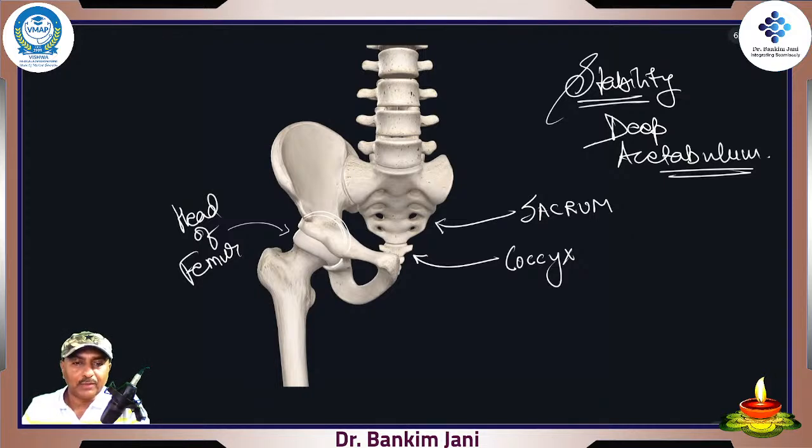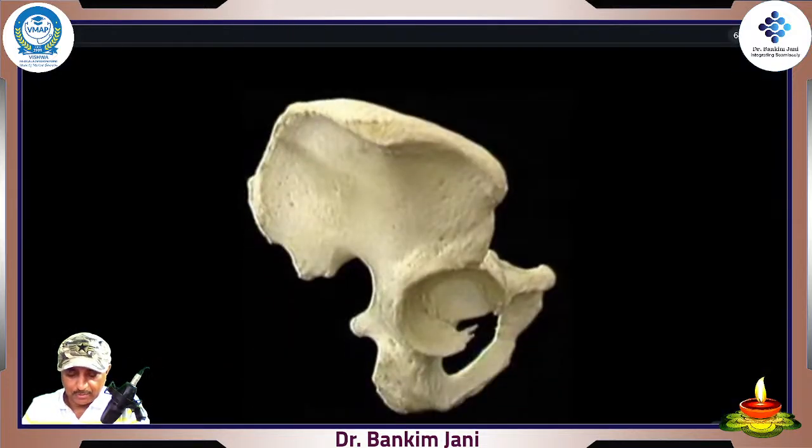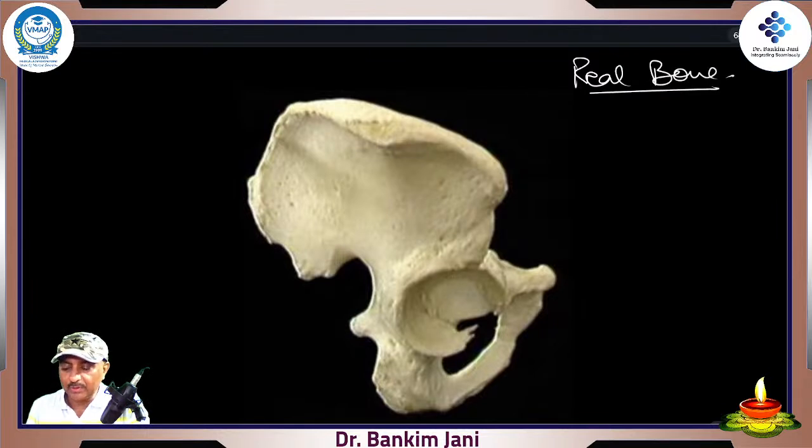So what we now do is watch for this real bone. This is real bone, not the graphics. And hip bone is a combination of three bones: ilium, ischium, and pubis, right?